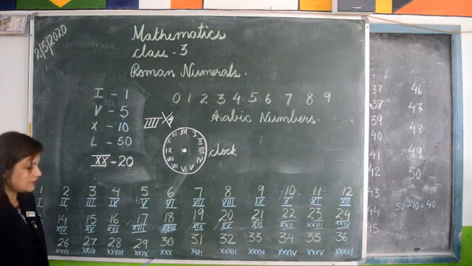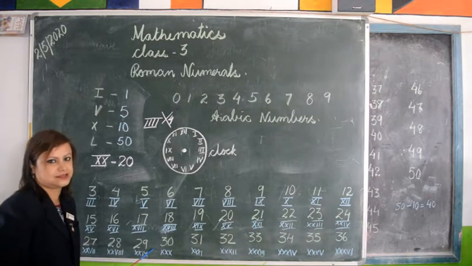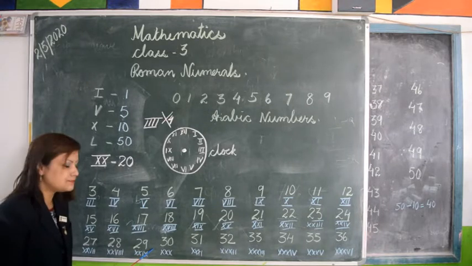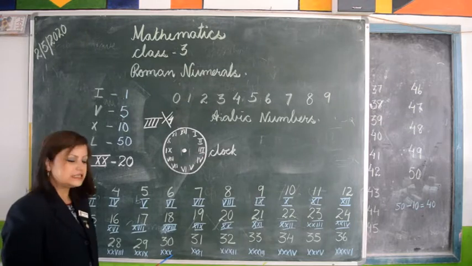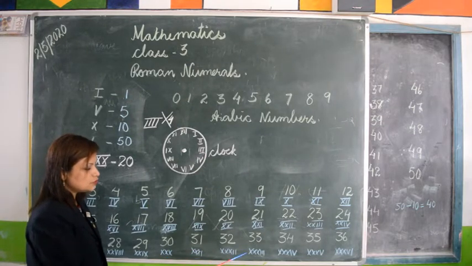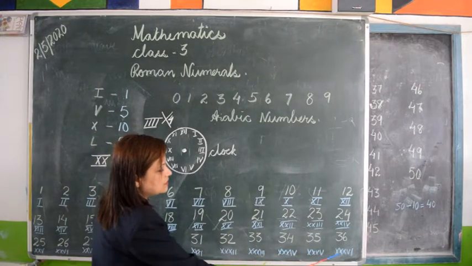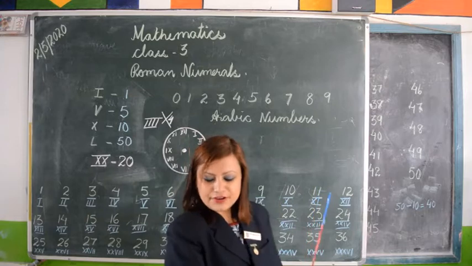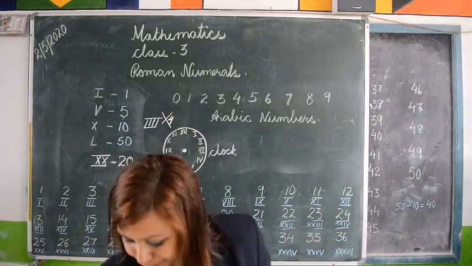Again, see here children. Again, when we make 30, we have to use 3X. Okay, 3X makes 30. 1, 2, 3. Now again 31, 32, 33, 34, 35, 36. And how do we write 37? Now let us do on the board.